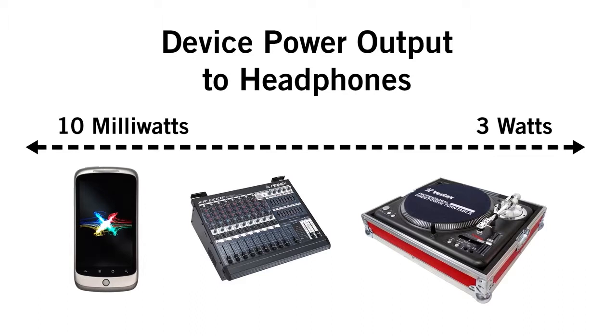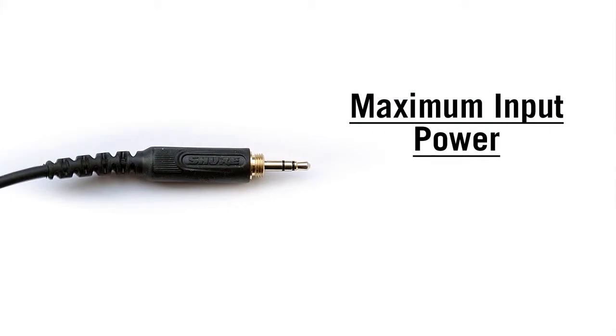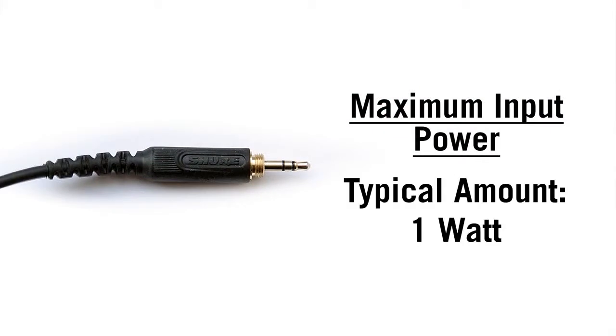Since we're talking about the amount of power that drives the earphones and headphones, let's talk about the spec of maximum input power. What is that going to tell me, and what's a typical number that we might see? Well, a typical number in a portable headphone type product or studio headphone type product would be about a watt of power. In some applications, in particular DJ, the headphone amplifiers can put out up to 3 watts of power.